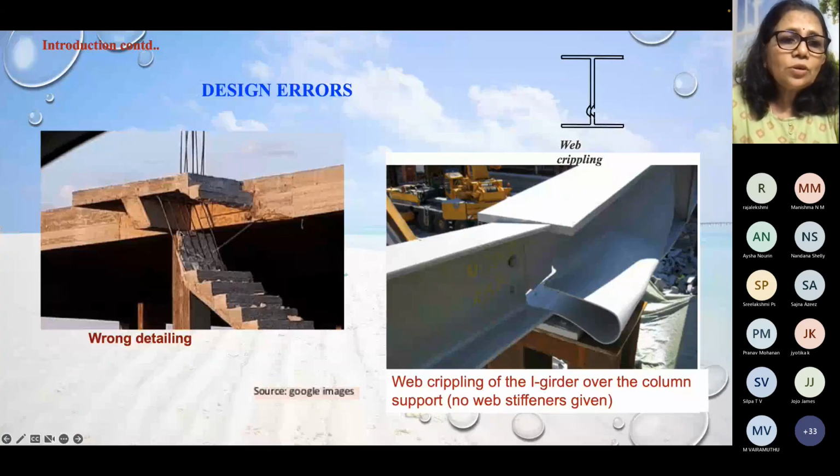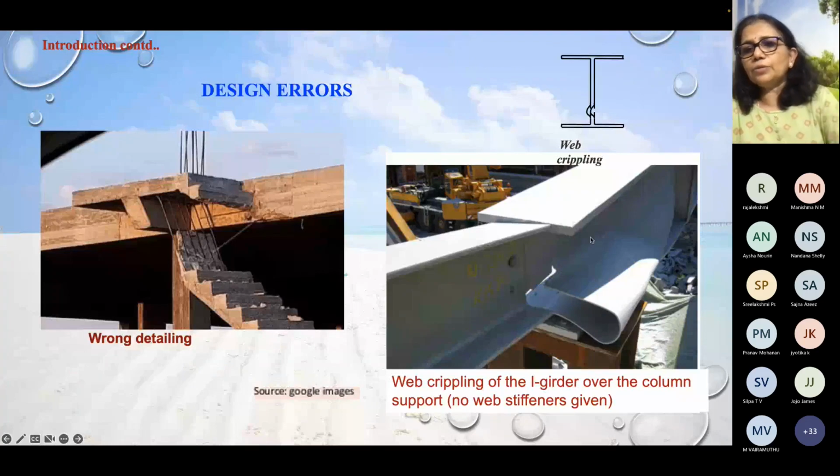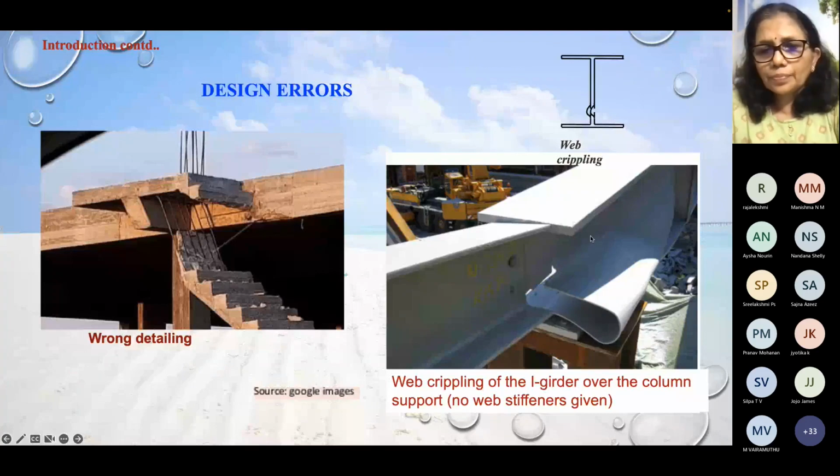This is one such wrong detailing of the reinforcement, which actually happened, detailed like this, and the whole staircase collapsed even while constructing itself. And this is another, web crippling happened because there was no web stiffener given to this. Again, a design error.